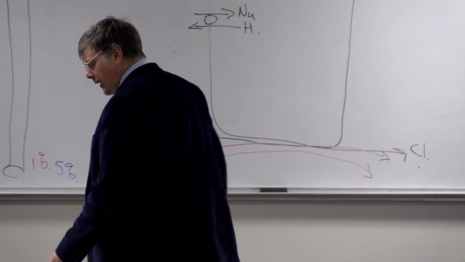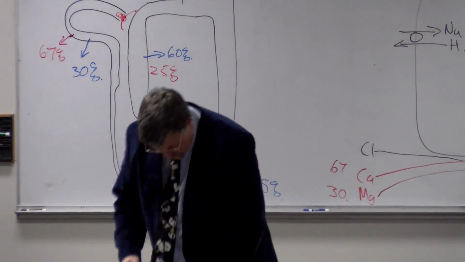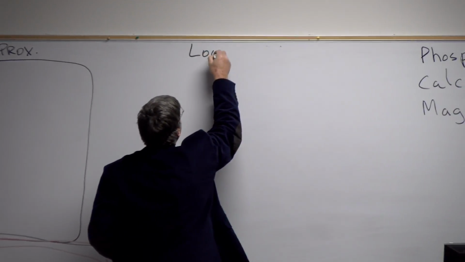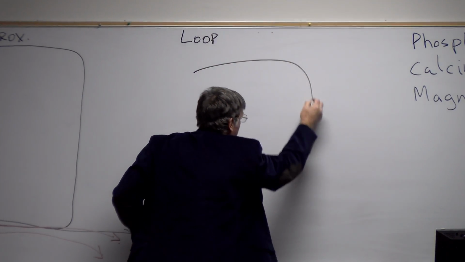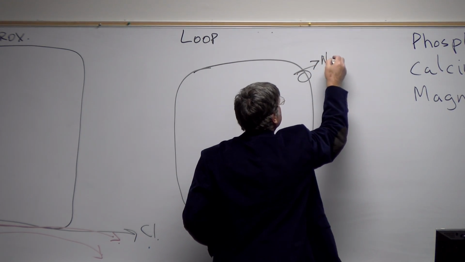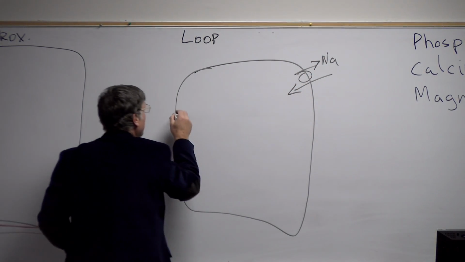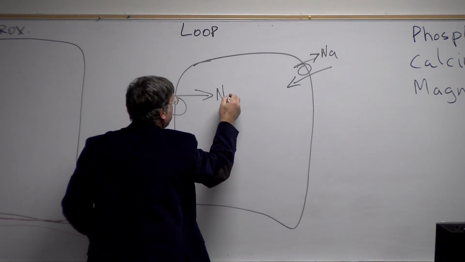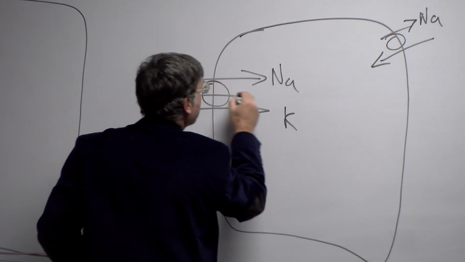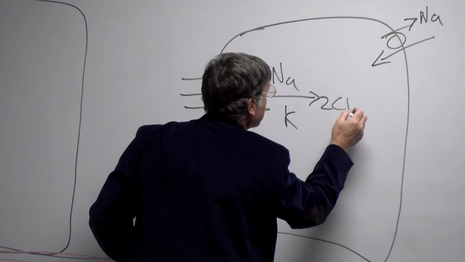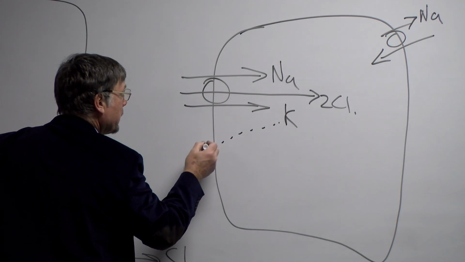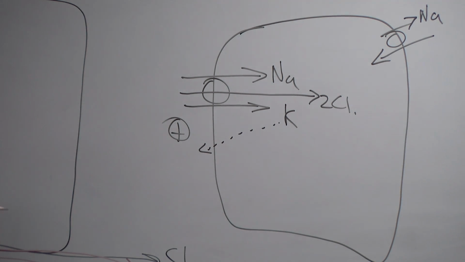So now, that second diagram, I better make sure, yep. That second diagram, we're now in the loop. And you have this fella here. Remember, we noted that a lot of potassium leaks back here to make this positive.